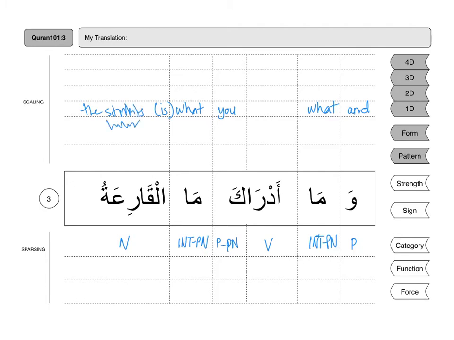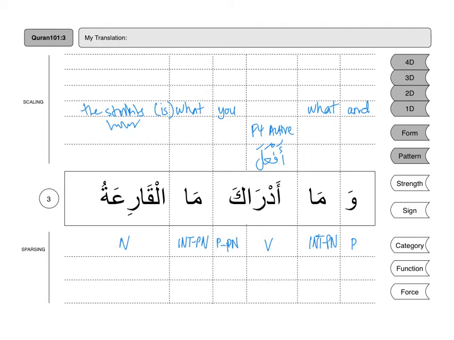Now, whenever you see wama adraka, adra has the pattern of af'ala. Originally it's adraya, which is synonymous with a'lama. It's a past tense, and the hamza here is an F4, F4 active.